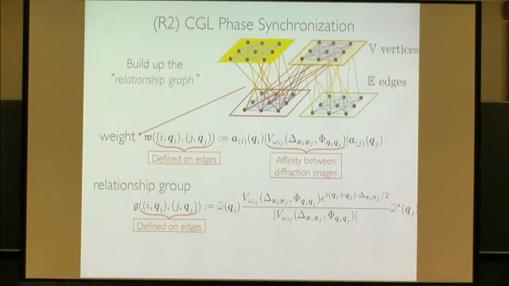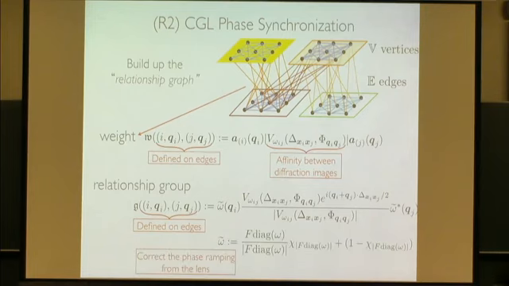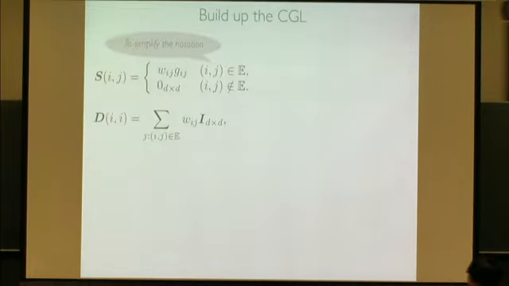Then we can define the relationship group, which is just the middle term, which describes the phase difference. And there will be something we need to compensate, which is to correct the phase ramping from the length. The reason is you have to go through the calculation and we will see it. Then you build up the CGL, connection graph Laplacian.